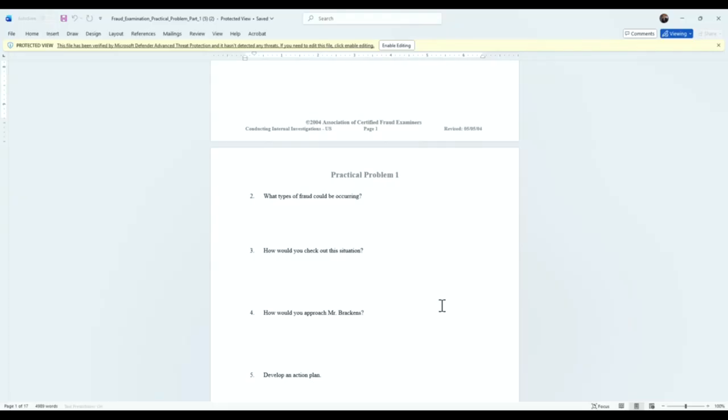Paragraph 4: Mr. Brackens is the director of purchasing. The file indicates he's awful uncooperative. I will approach Mr. Brackens and describe what you think is an appropriate approach. Rough and tough, or try to keep it calm, keep it cool.